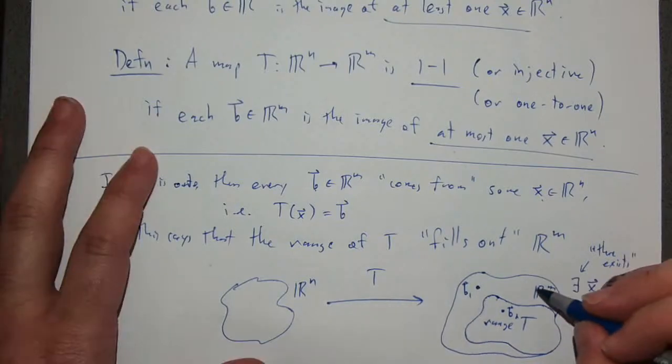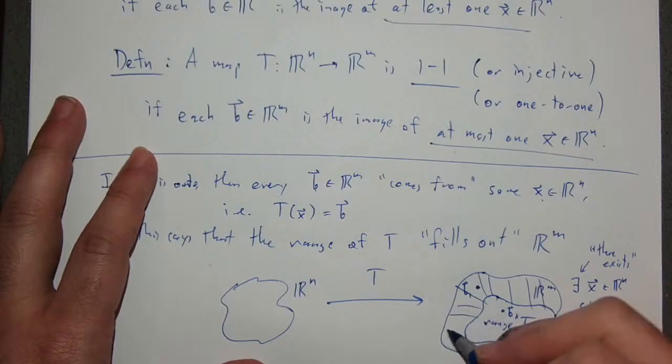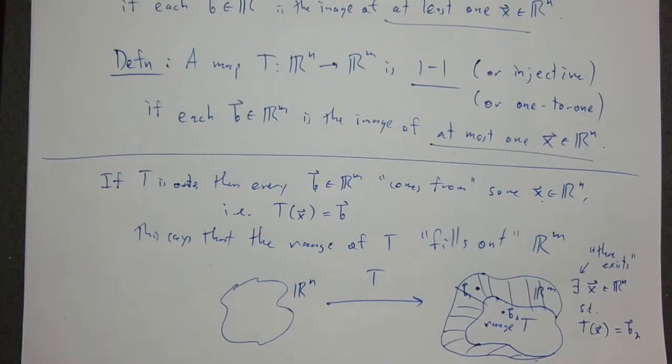So the fact that there is this difference between the range and the codomain, remember, I made a big point of saying that the codomain and the range are not the same. Sometimes they're equal, but in general they're not.